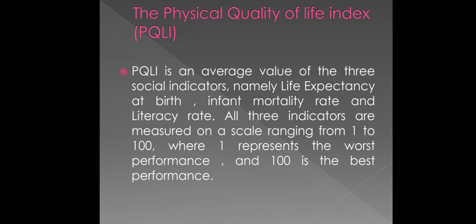All three indicators are measured on a scale ranging from 1 to 100, where 1 represents the worst performance and 100 is the best performance. The physical quality of life index is a compilation of inherent social relationships without any predetermined weights or biases imposed by theory. Furthermore, it has drawn criticism due to the significant overlap between infant mortality and life expectancy.